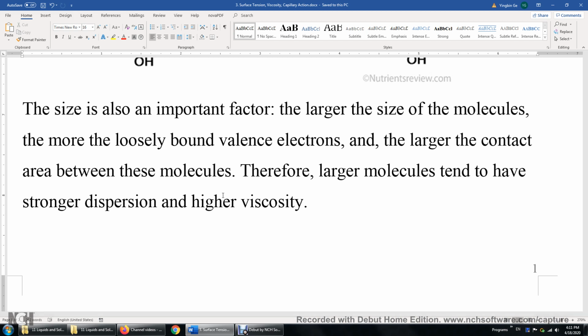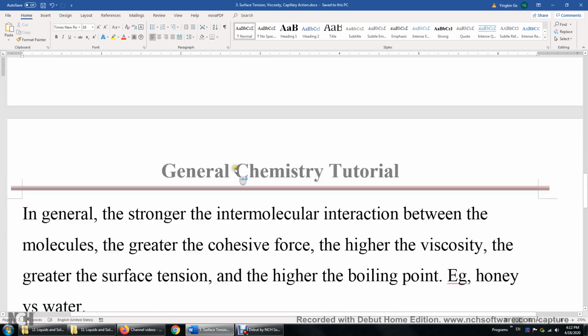The larger the size of the molecules, the more loosely bound valence electrons, and therefore we can have more instantaneous dipole-dipole interaction. And also, when you have a larger molecule, it's possible to have a larger contact area between molecules. And again, that results in stronger dispersion and higher viscosity.